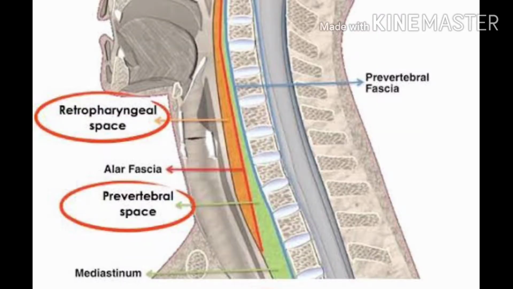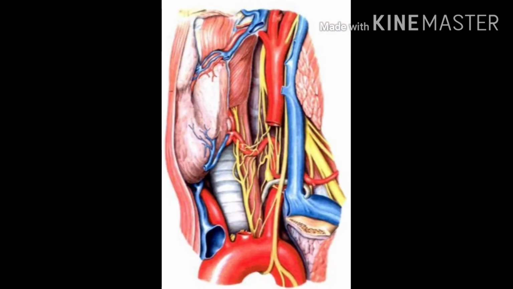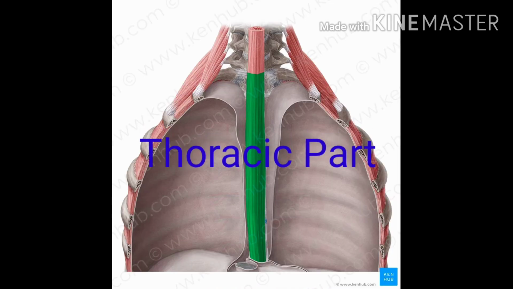Here, the prevertebral layer of the deep cervical fascia forms a movable base on which the trachea and esophagus move up and down during swallowing and phonation. On each side, esophagus is related to the lobe of thyroid gland, common carotid artery and thoracic duct on the left side.